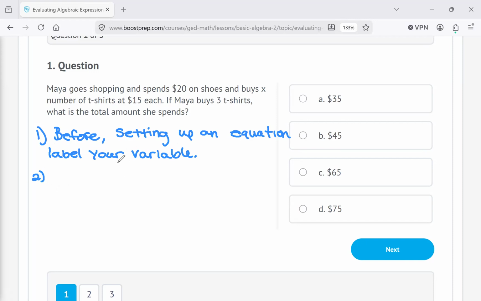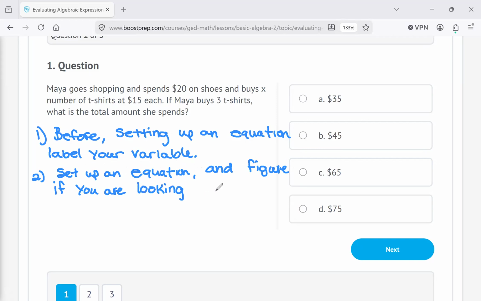So once you know your variables, set up an equation, and then you've got to ask yourself or figure out if you are looking for an input.